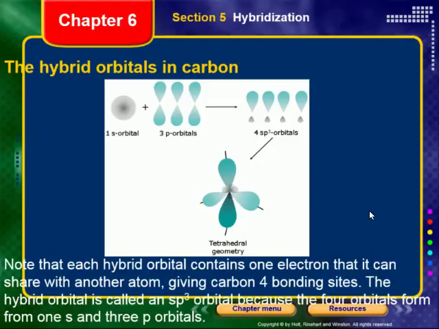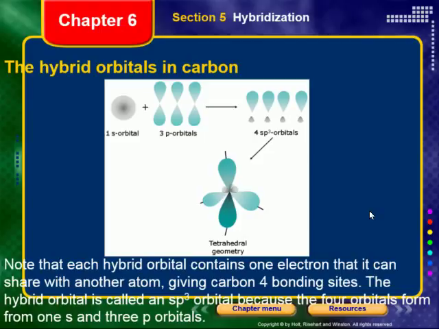Remember, tetrahedral is when you have 4 atoms bonded to a central atom, like in the example of CH4 methane, which we're talking about right now. So note that each hybrid orbital contains 1 electron that it can share with another atom. If we have 4 unpaired electrons, that will give carbon 4 bonding sites. The hybrid orbital is now called an sp3 orbital because the 4 orbitals form from 1 s and 3 p orbitals.